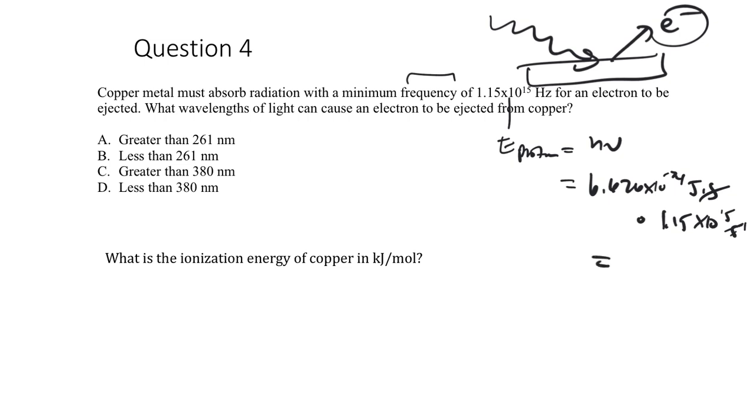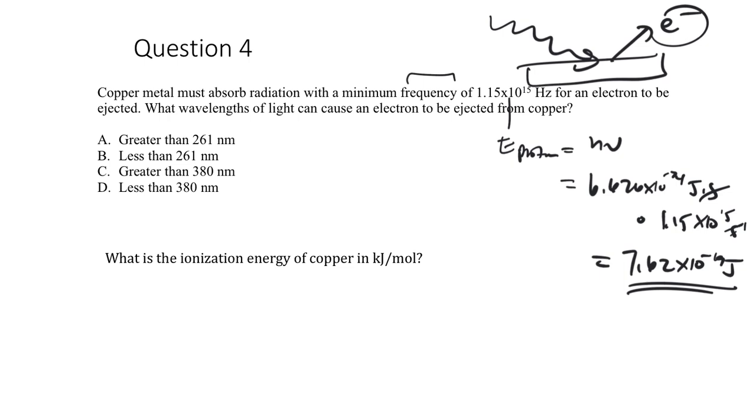And so this tells us that the metal surface has an ionization energy per atom, 6.626 times 10 to the minus 34 times 1.15 e to the 15. And so that's 7.62 times 10 to the minus 19 joules.